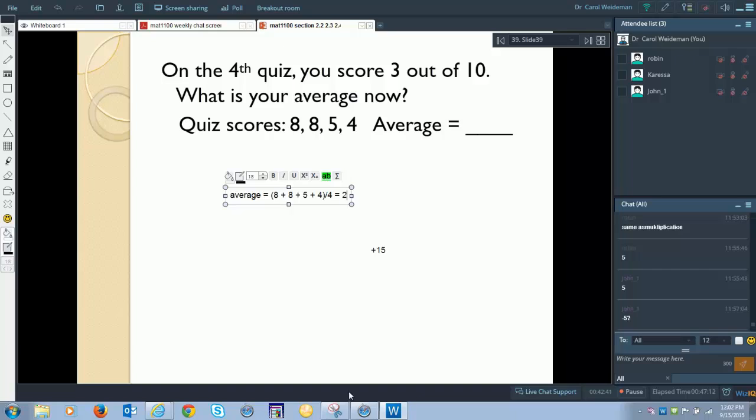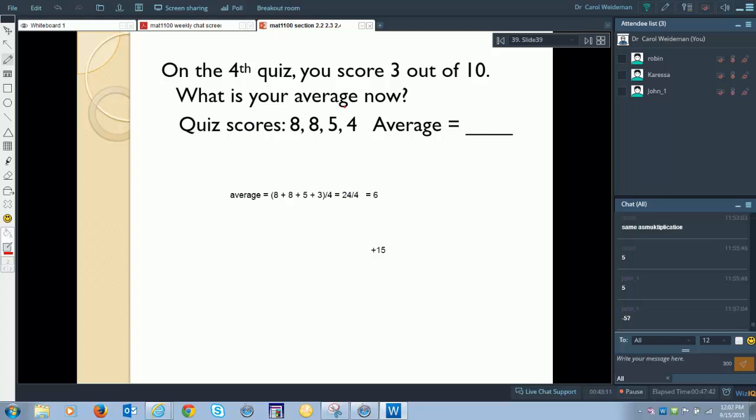And what do we have? 16, 21, so 25 divided by 4. That's not right, is it? 24, I'm sorry. Oh, this is a 3. My mistake here. Let me go back for a minute. This is a 3. There he is, 24. 24 divided by 4 gives me a 6.